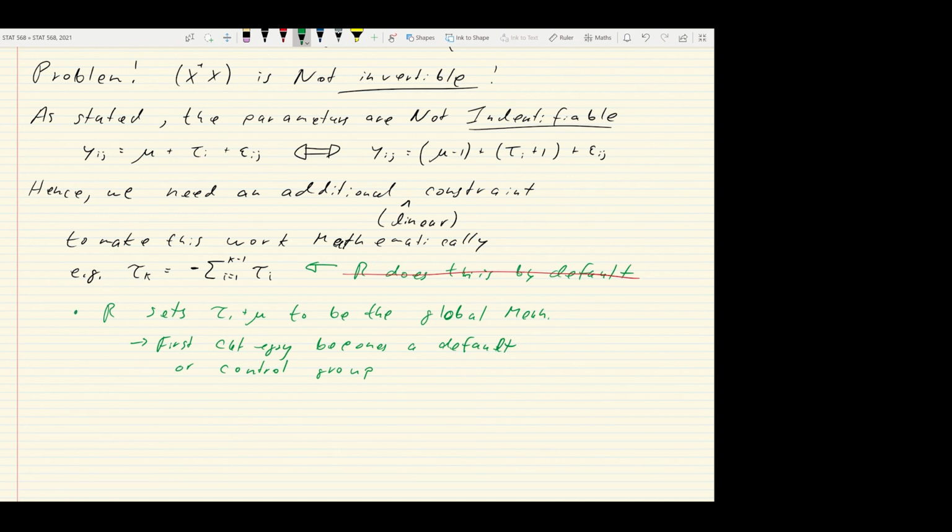Alternatively, you can do what I was trying to do above with tau_k equal to the minus sum of the tau_i's, which is really just centering everything around a global mean.